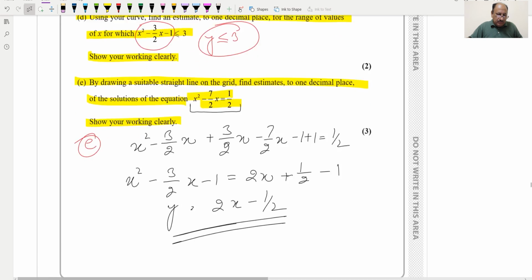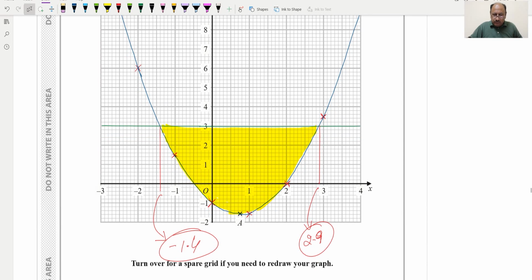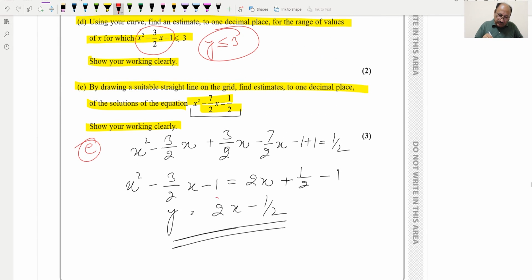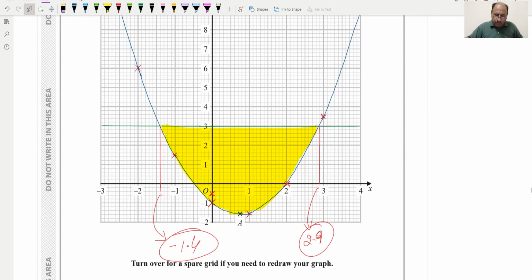So we can draw this passing through minus 1 by 2. Minus 1 by 2 is which point? Minus 1 by 2 is this point, and the gradient is 2. If you check this, the gradient is 2, so we can take 2 units up.